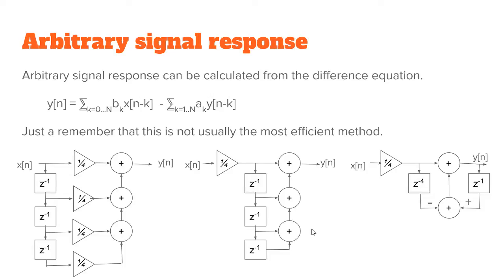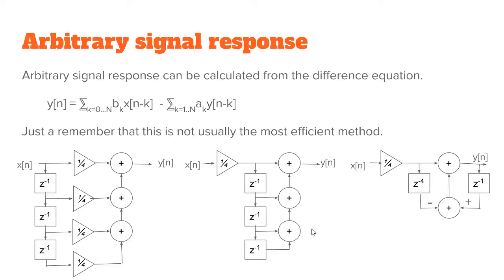This is the least efficient way. It has 3 additions, 4 multiplications. Each of these steps actually means 1 memory location. The second one has the same amount of memory locations, but only 1 multiplier, same amount of additions. This here has 1 multiplication and 2 additions.